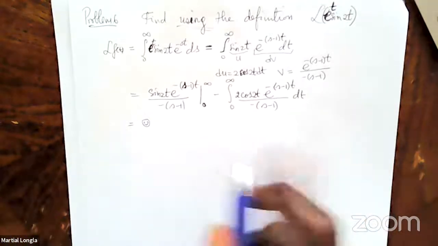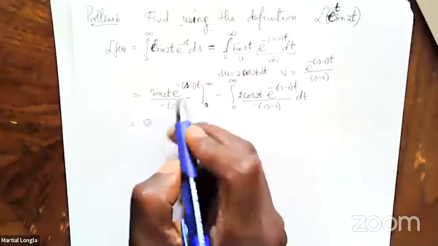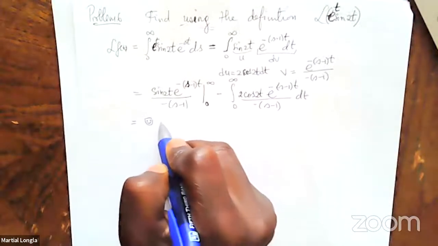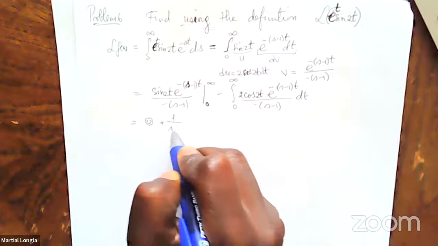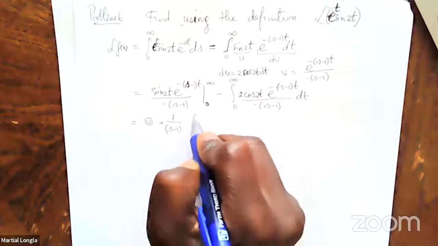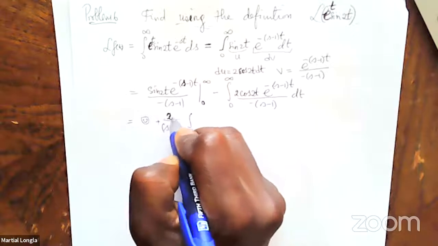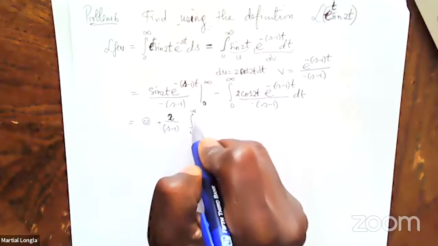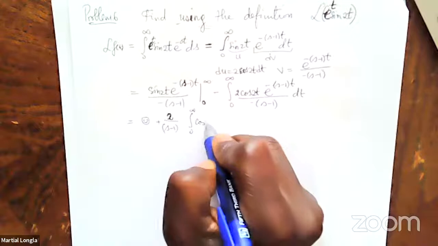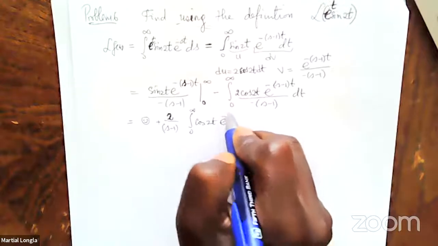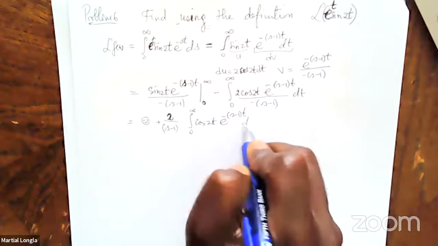And then you have minus, and those things come out. You get 1 over s minus 1, and then you have that 2 here, integral 0 to infinity cosine 2t e to minus s minus 1 t dt.